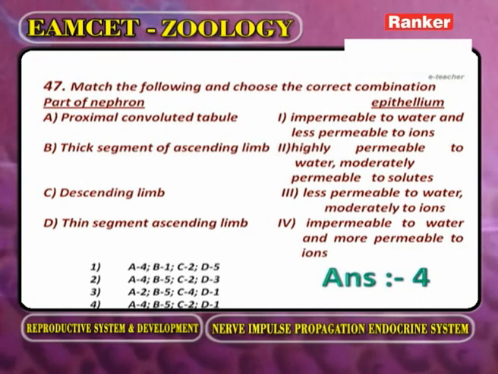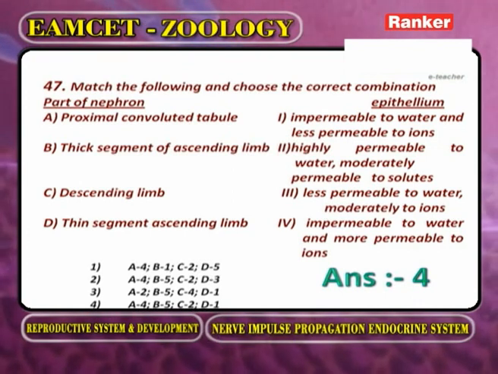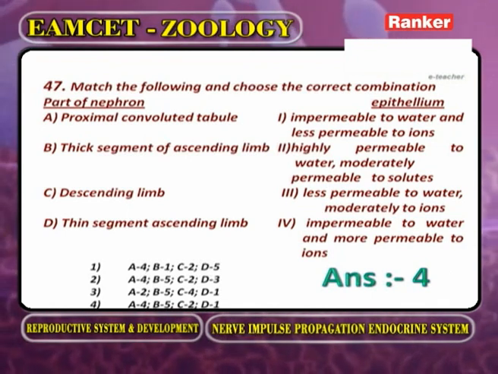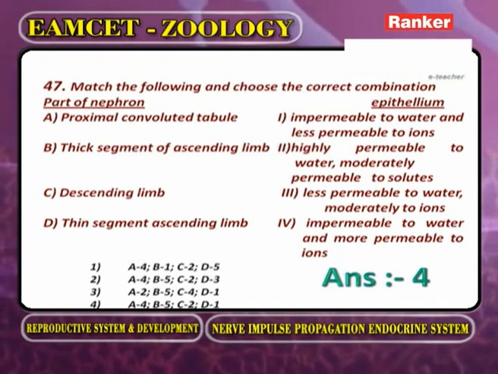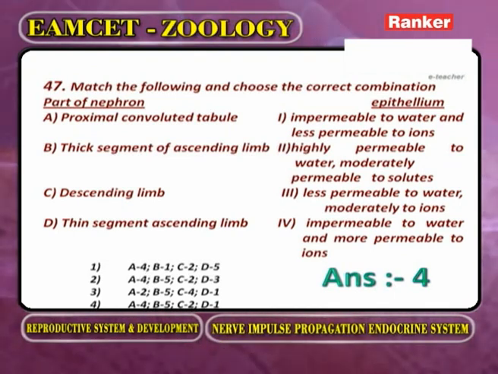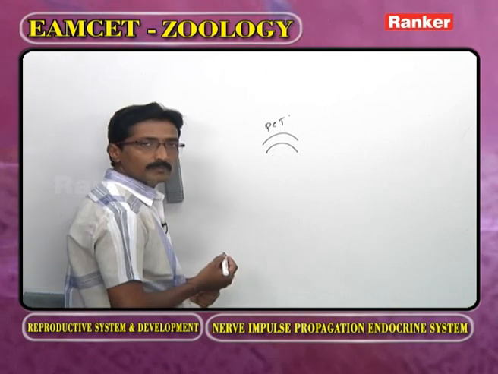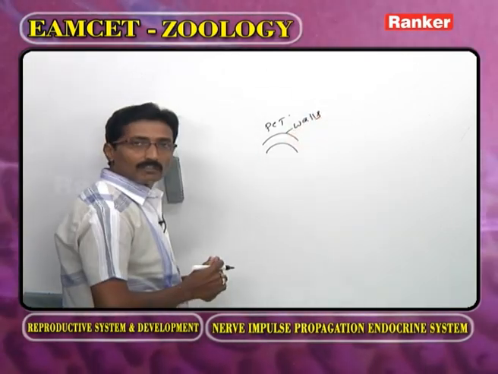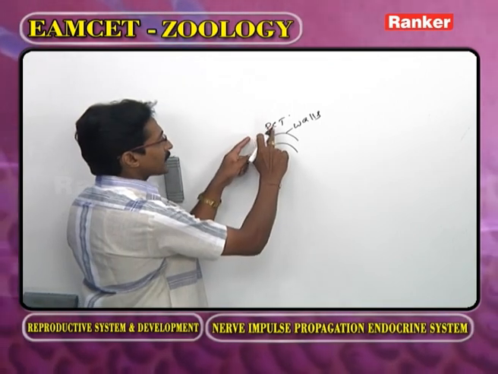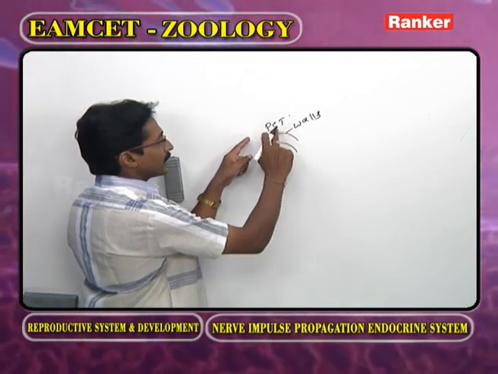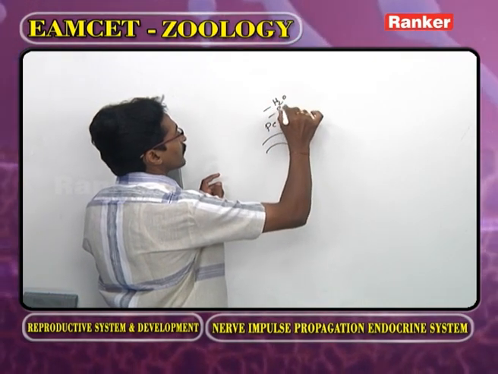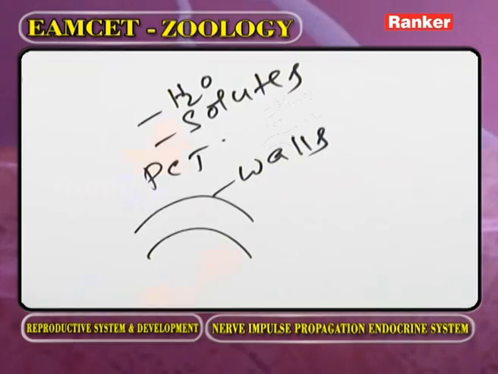Match the following and choose the correct combination. Now on one side we are giving the parts of the nephron. The first one, this one we call the proximal convoluted tubule. Now these are the walls of the proximal convoluted tubule. The proximal convoluted tubule is permeable to water and permeable to solutes.